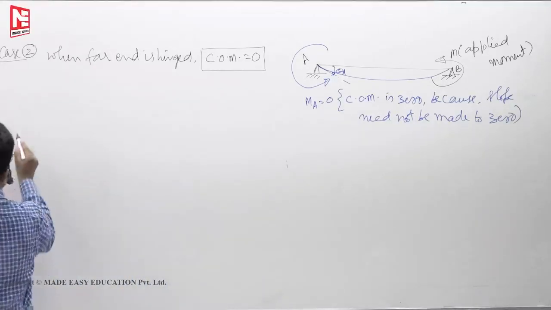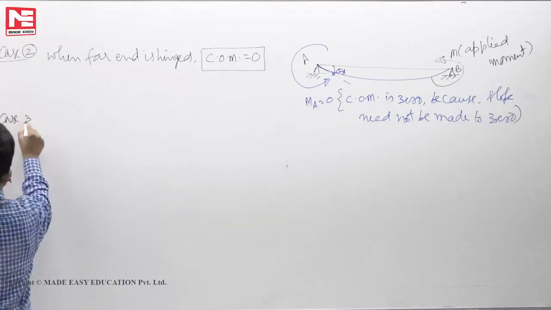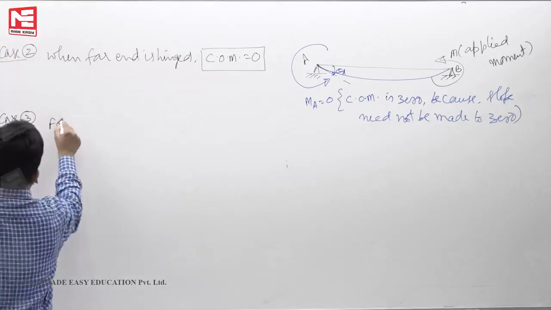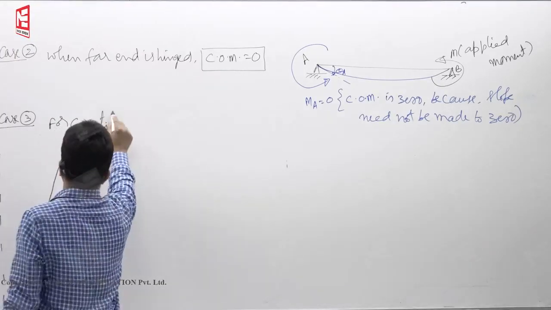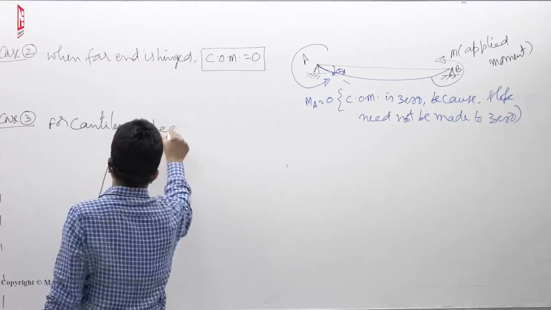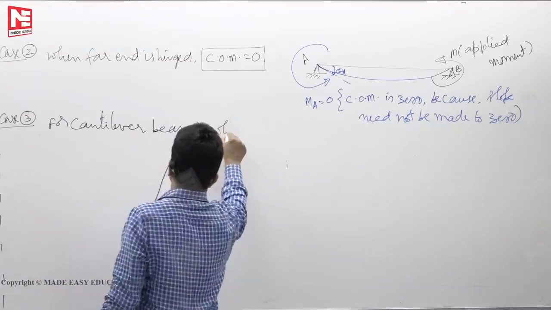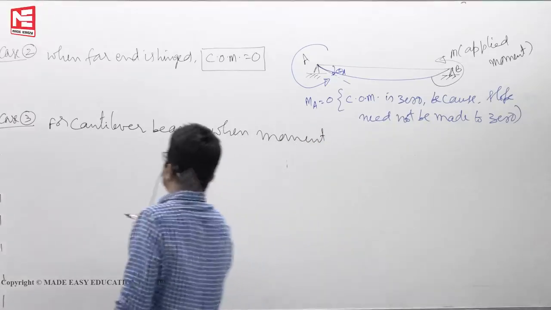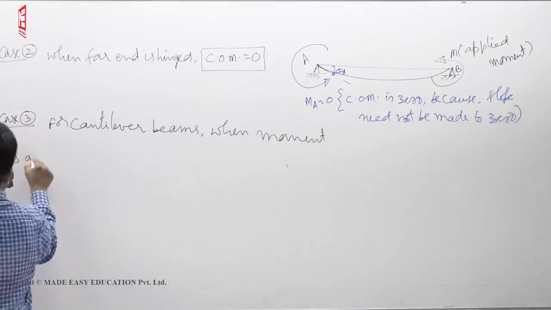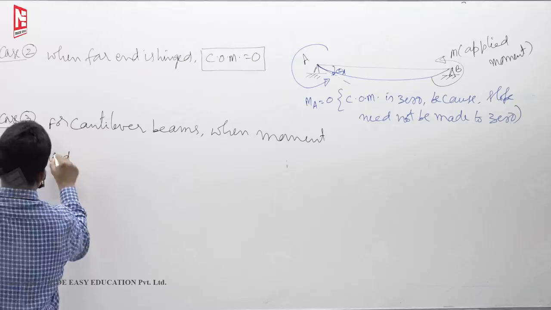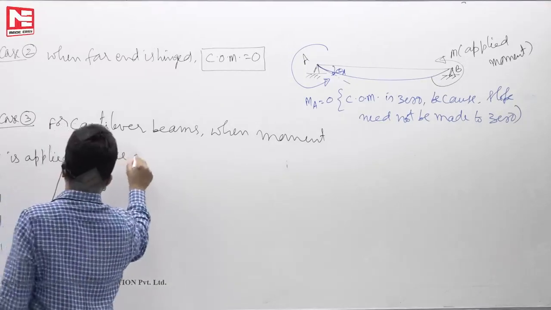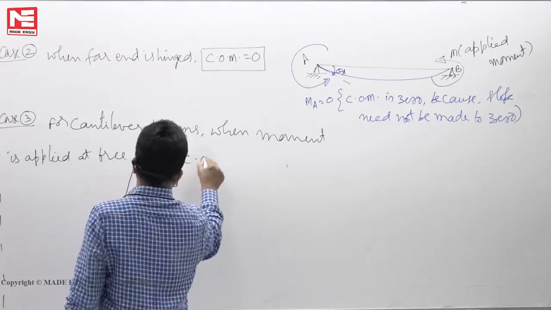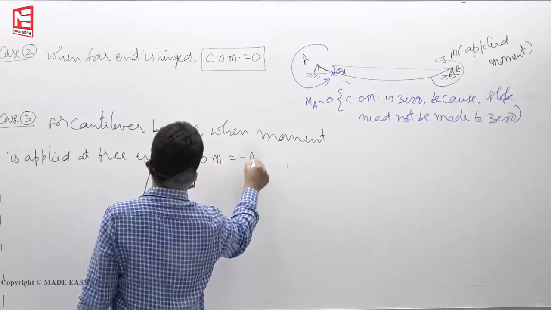Now let us see the third case, case 3. For cantilever beams, when moment is applied at the free end, carryover moment, you will get minus m.